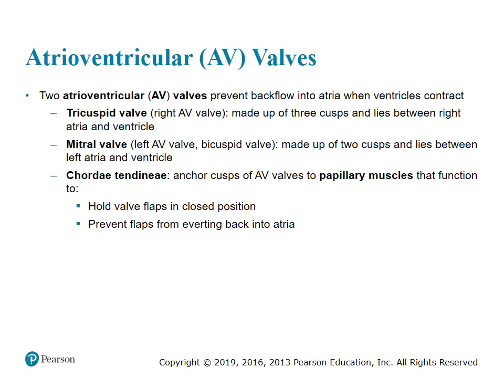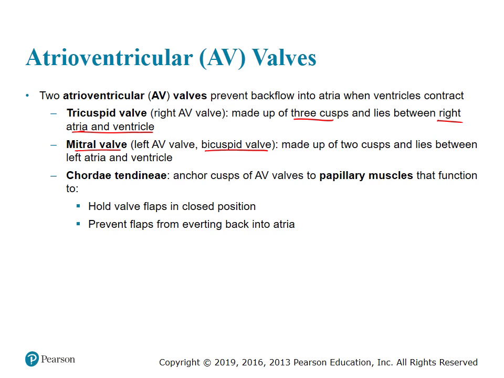Tricuspid is named for how many flaps there are in the valve. There's 3, obviously, so let's call it tricuspid. And again, that's right atrium, right ventricle. The mitral, otherwise known as the bicuspid, is in the parentheses there.